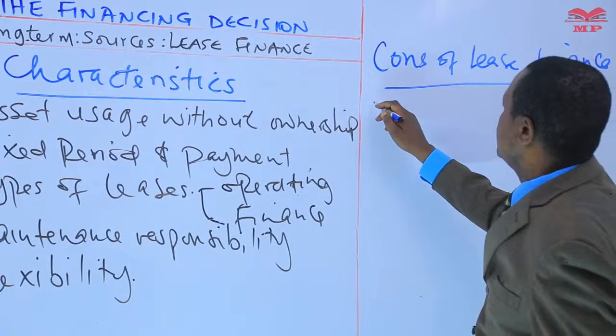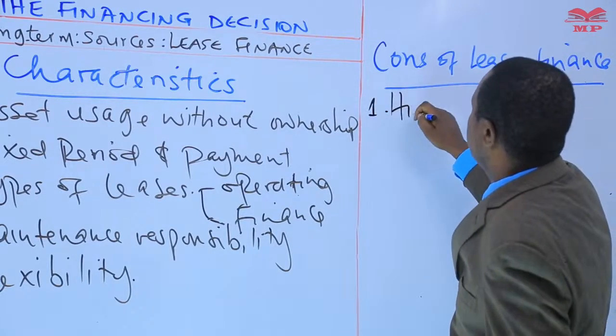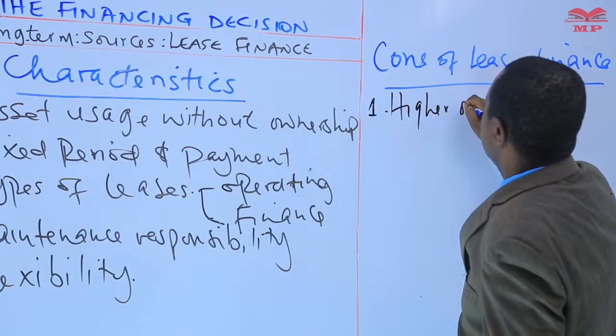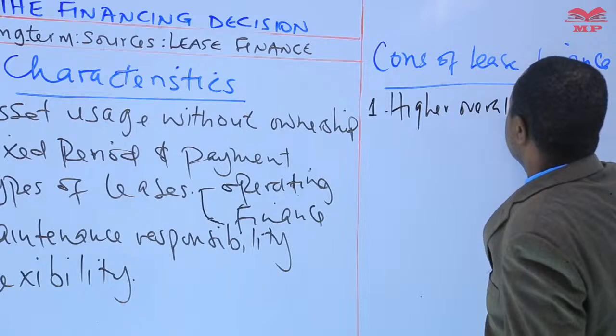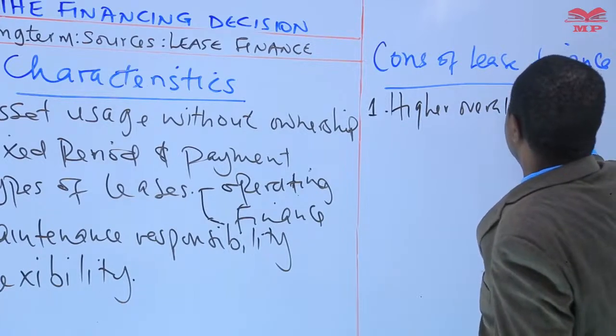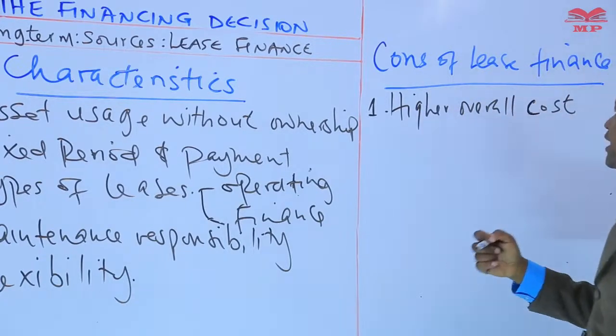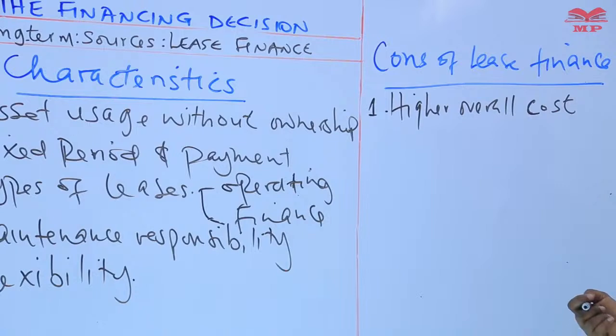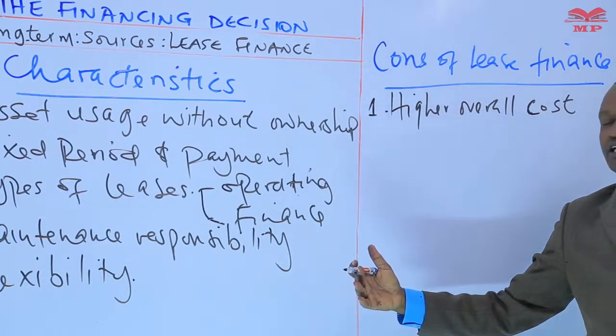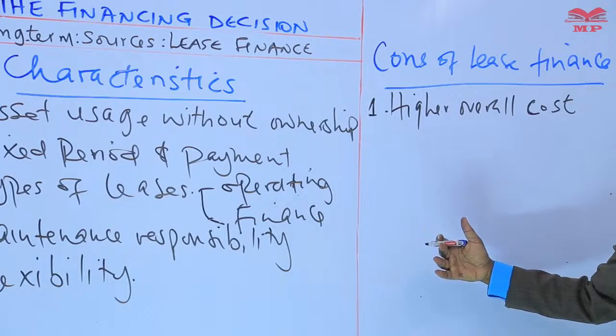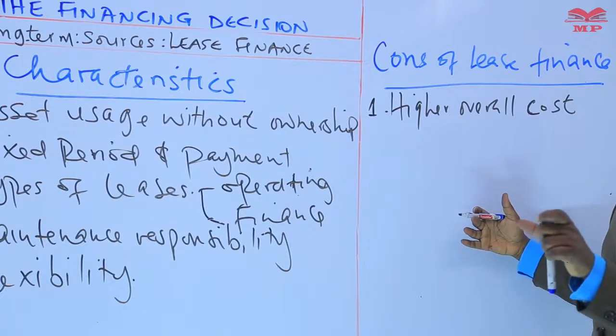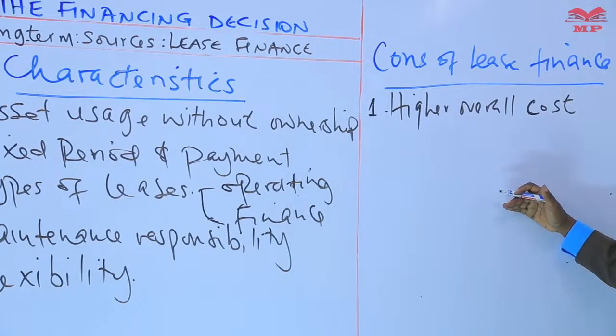1, higher overall cost. Higher overall cost. What does that mean? That means that over the long term, lease payments may result in higher overall cost compared to purchasing the asset outright.